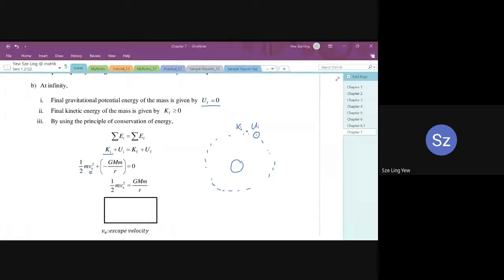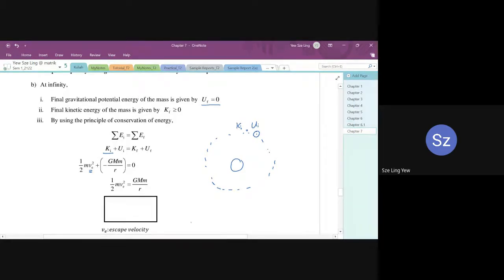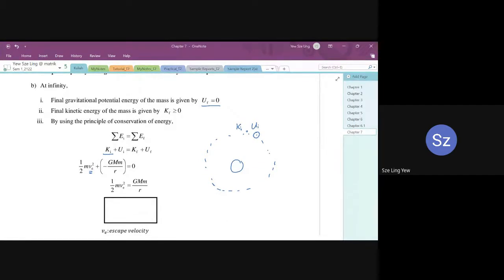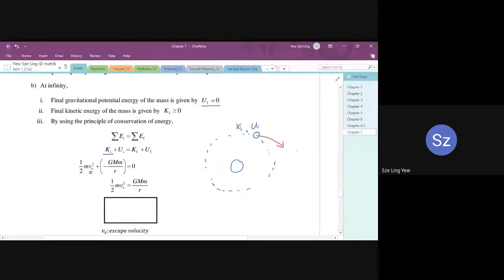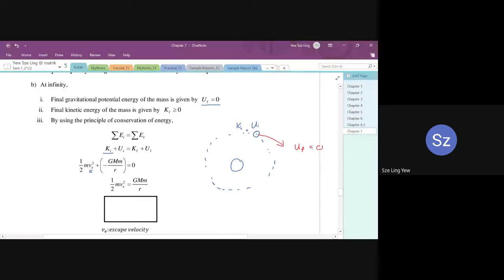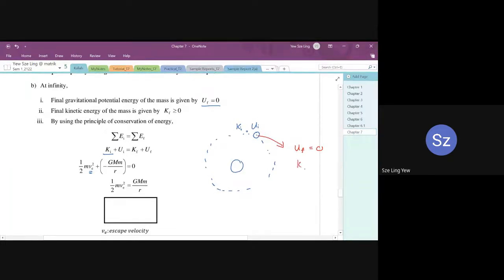So assuming an object is attempting to escape from a uniform spherical planet by moving away from it, the only force acting on the object is the planet's gravity. So we are looking at the initial speed. Now, if the object escapes from this orbit, we assume U final is equal to 0 because it is no longer inside the gravitational field, and K final is also equal to 0.